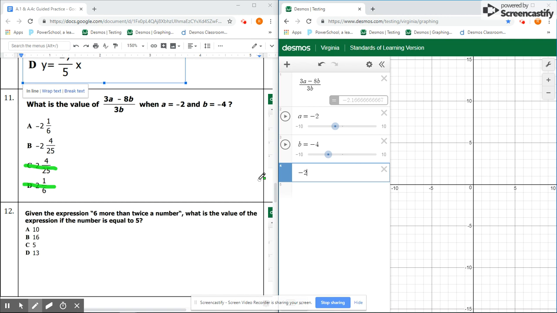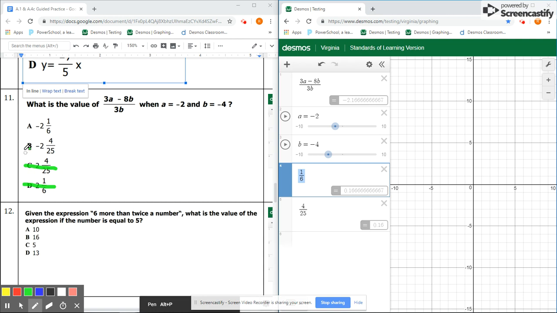No, we don't. Okay, so I'm just going to have to try 1/6. That's 0.16667. And if I try 4/25 from choice B here, that's 0.16. So it looks like 1/6 is going to be the same as 0.1667. So my answer here is going to be A.